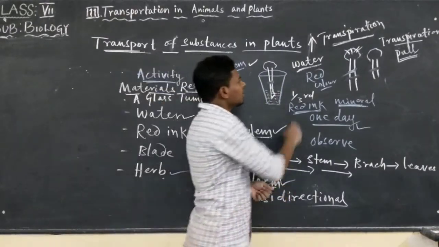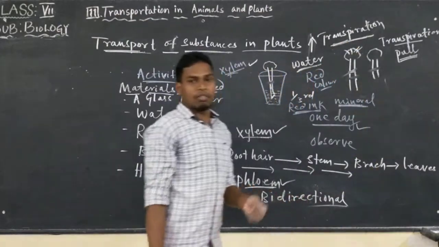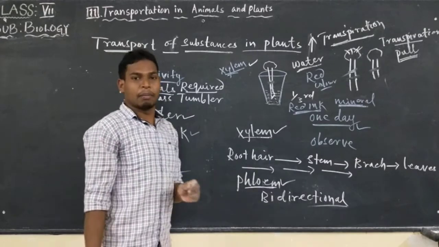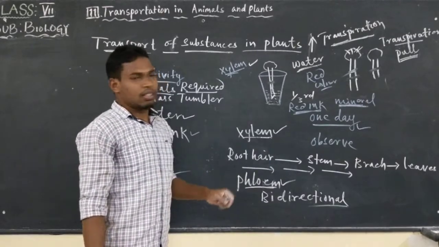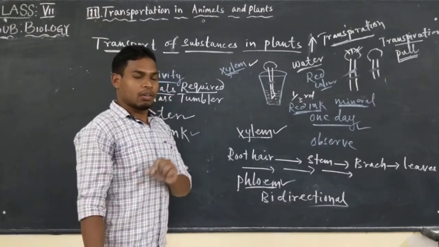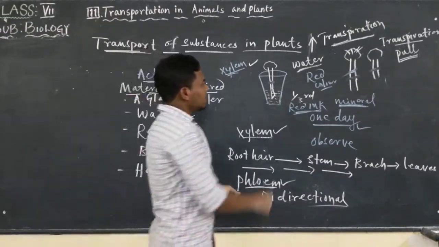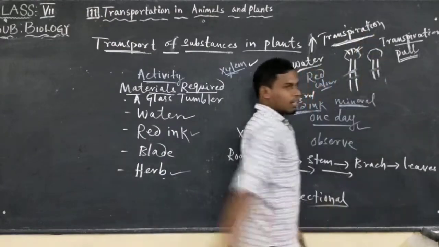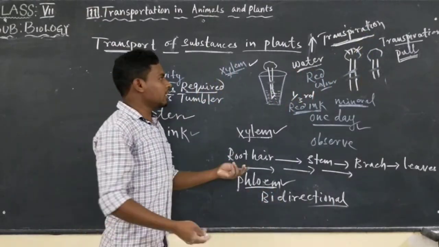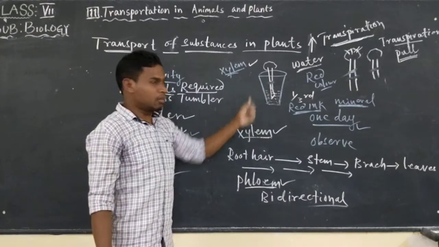So transpiration is the loss of excess water. Why excess? Because plants don't use all the water they take from the ground. They use only a limited amount of water and the excess water is released through transpiration.